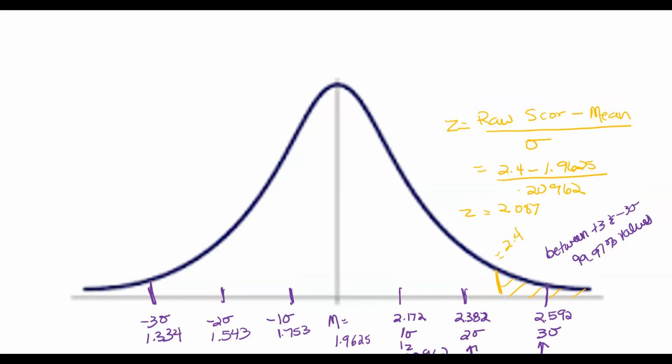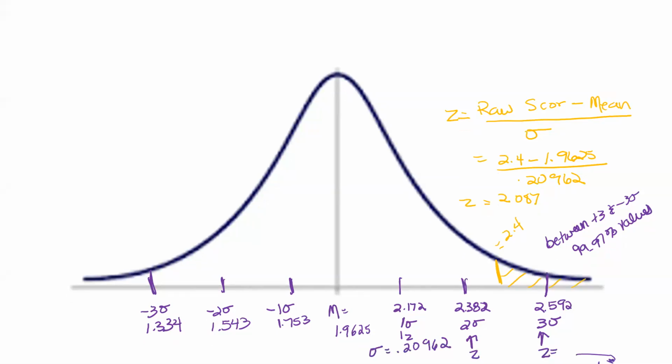And I'm going to have it use the z-score that we did of 2.087. And it's going to return a value of 98.156%. Okay. So if I change that to percent and give it a couple of decimal places, that gives me 98.156%, right?